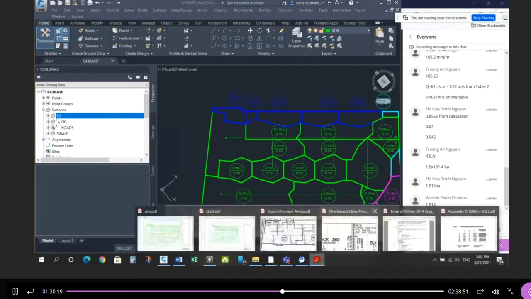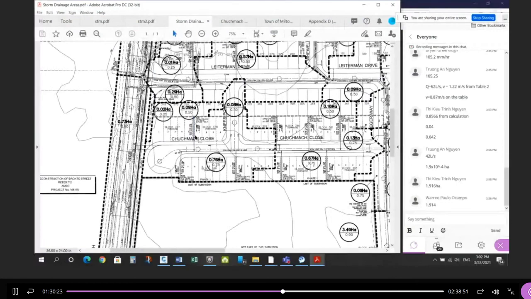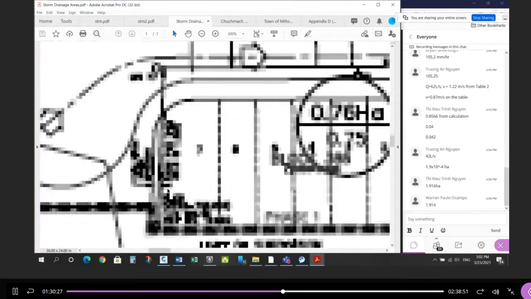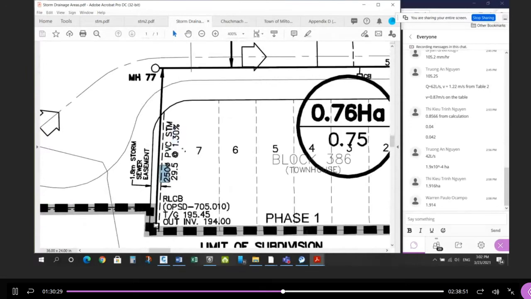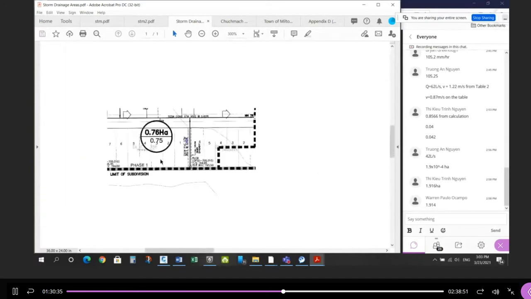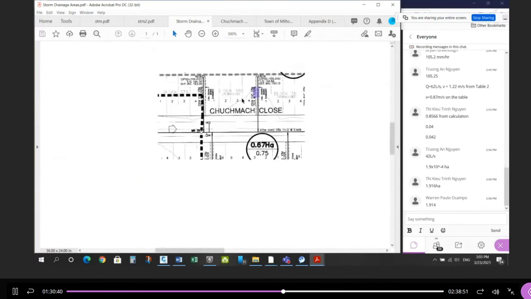And look at what they did on their design. This is the drainage area. Look at all these pipe sizes. A 250 at 0.5%. A 250 at 1.3%. That's steeper than 0.5%, so that will do. This one, a 250 at 0.5%. This one here, a 250 at 0.5%.